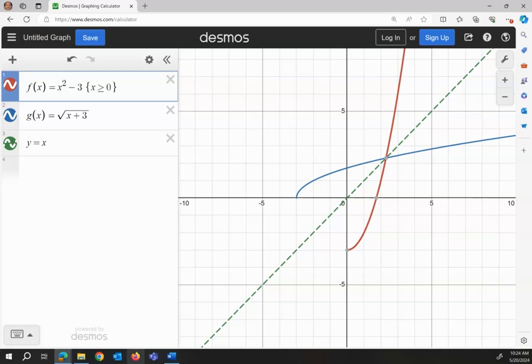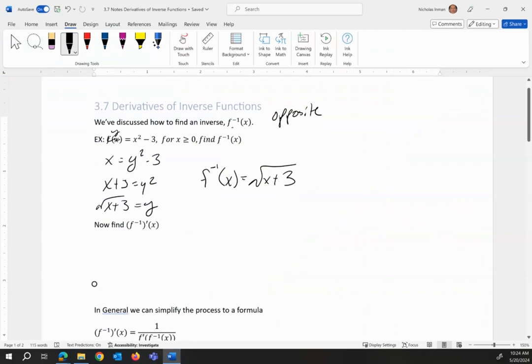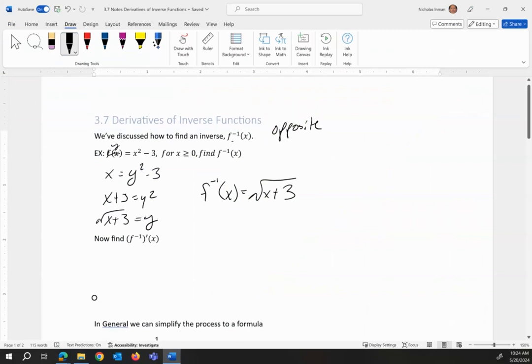Well, to be able to do that, we found an inverse. Let's take its derivative and just see how it relates to the original function. So the derivative of the inverse, f inverse prime of x. Instead of the square root, we can say the 1/2 power.